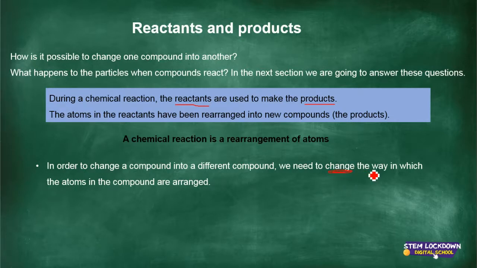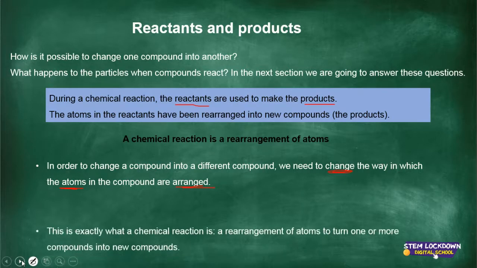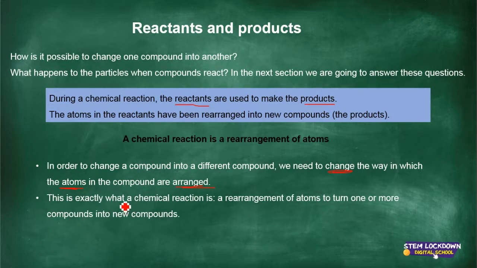When you change the way the atoms are arranged, then your new compound is formed. So it's no longer in its same original state. It's moving to a new form, a new compound. So this is exactly what a chemical reaction is.